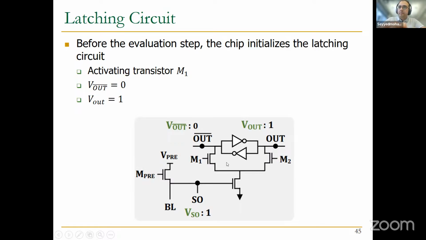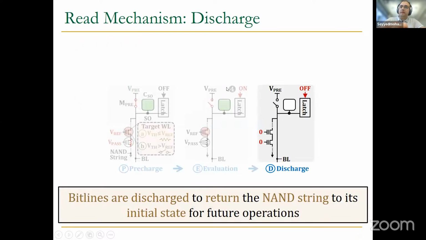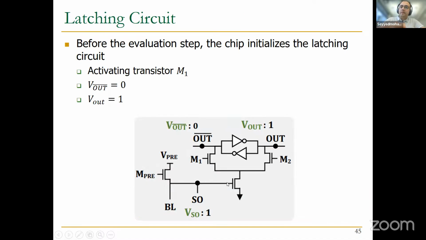This is the back-to-back NOT, which, you know, is a kind of latch. And then we also have these 2 transistors, M1 and M2, which are also connected. And there is also a transistor that is controlled by SO, which is this capacitor. So the gate of this transistor is controlled by SO.